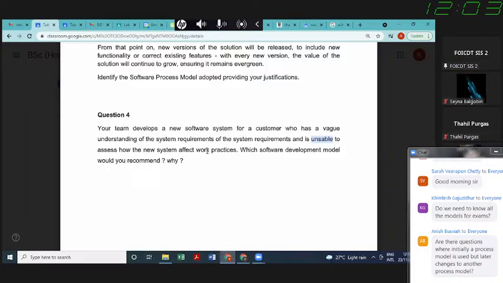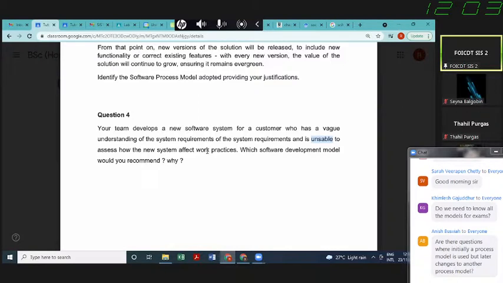Those vague requirements are prioritized, and this becomes the core product. This gives the customer the opportunity to have more experience and to better understand the system. While doing so, the user can evaluate further and the next increments can be added. Okay, acceptable. This is accepted.